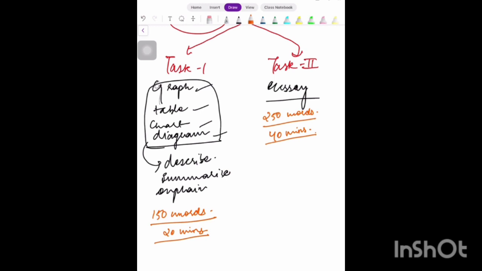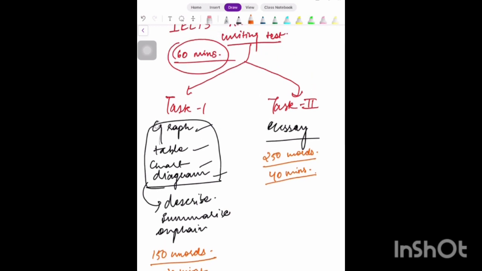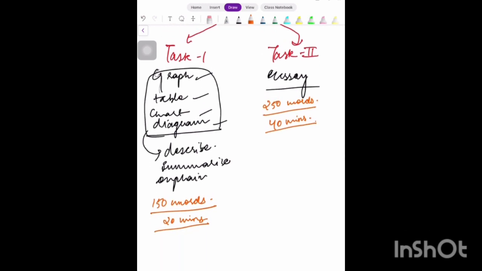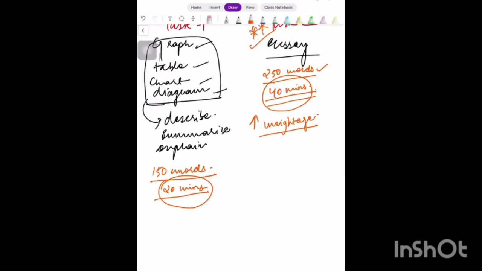Essay is the most important part and has more weightage than task 1, and its word limit is higher, therefore 40 minutes should be spent on task 2 and 20 minutes on task 1.